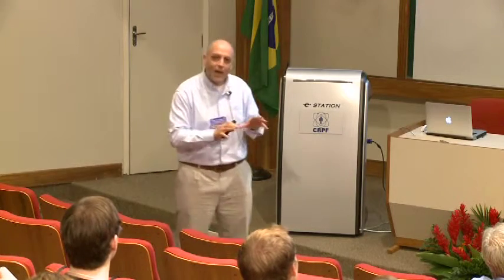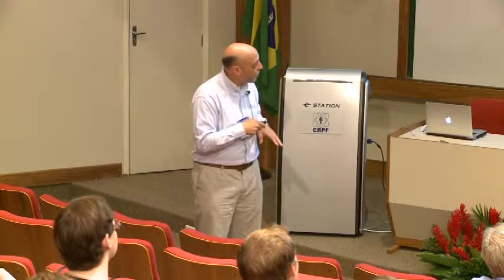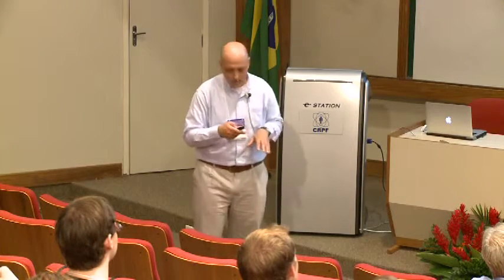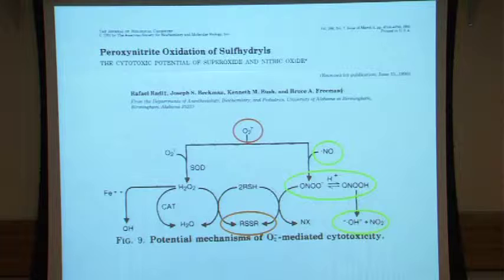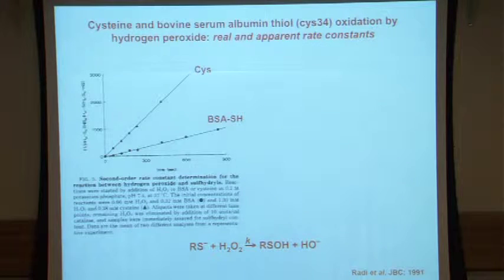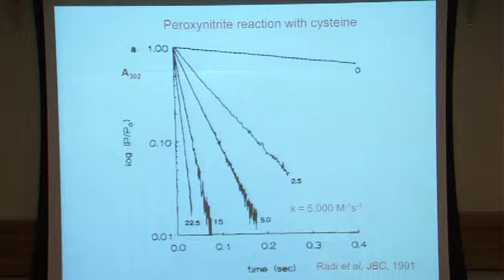If we do the same reaction, but instead of using as oxidant hydrogen peroxide, which is the dismutation product of superoxide, we use that oxidant, on the right side of the scheme, let's see what happens. The reaction rate becomes much faster, about 1,000 times faster, 5,000 at pH 7.4.